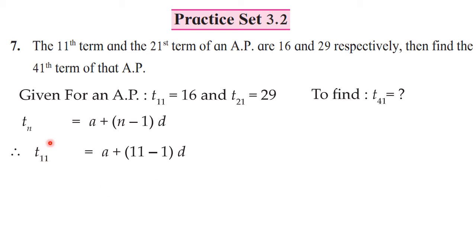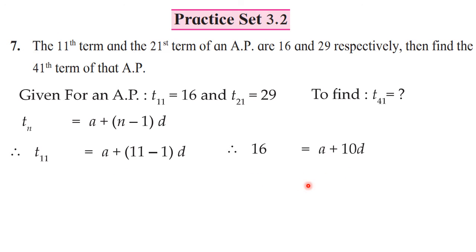Now see, the value of T11 is given to us, that is 16. So on the left hand side we can write 16, and here 11 minus 1 is 10. So in place of T11, 16 is written, and the right hand side is A plus 10D.